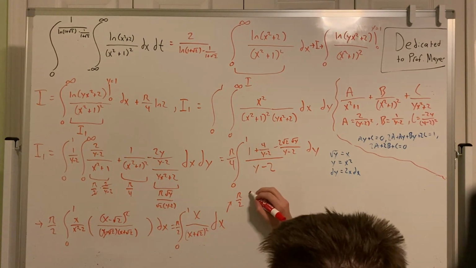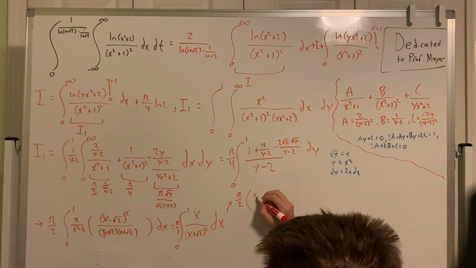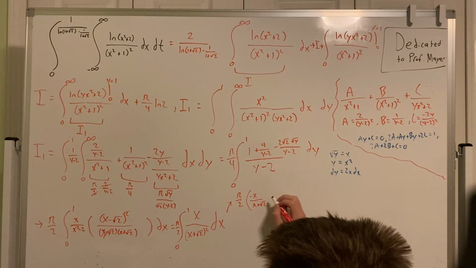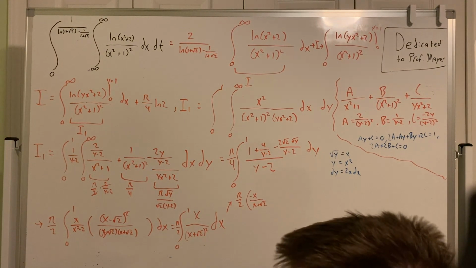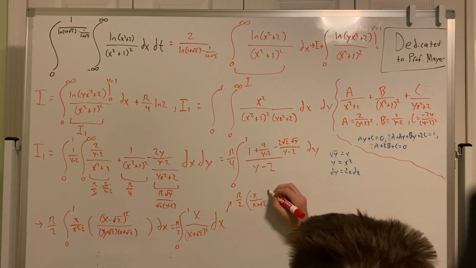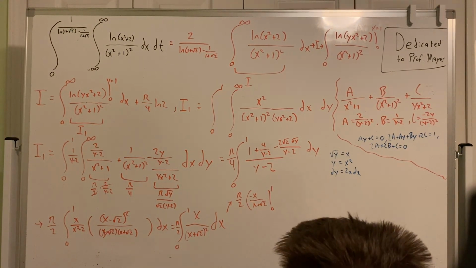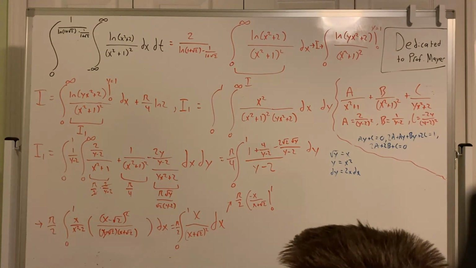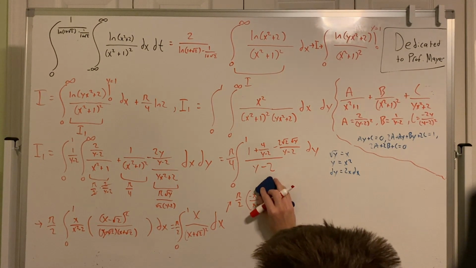So we're going to have x, our u term, and then minus x plus root 2, because minus 1 over x plus root 2 is the antiderivative of this, evaluated at 0 and 1, which at 0 will go to 0, so that's fine, and at 1, it's going to be minus 1 over 1 plus root 2.